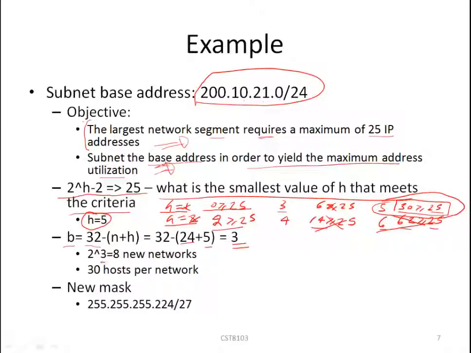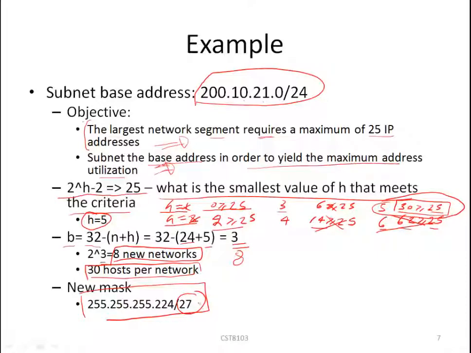We have transformed 3 host bits into network bits. So we have basically broken our base address into 8 network blocks. And each network block can accommodate up to 30 hosts per network. And the new mask is 255.255.255.224, prefix length of /27.